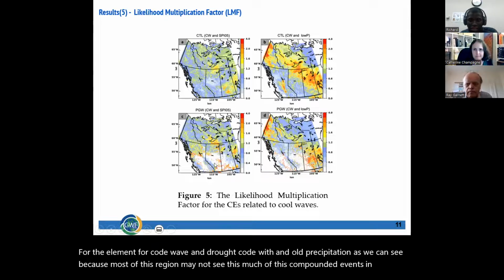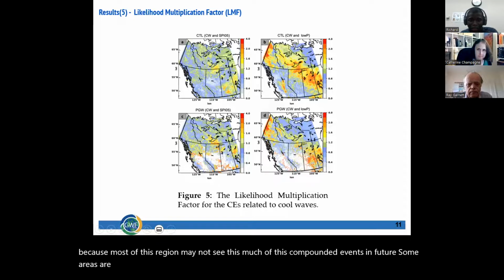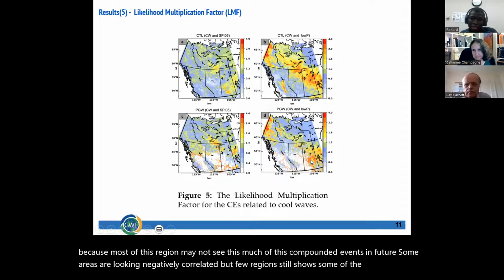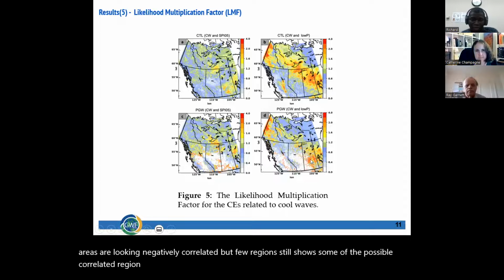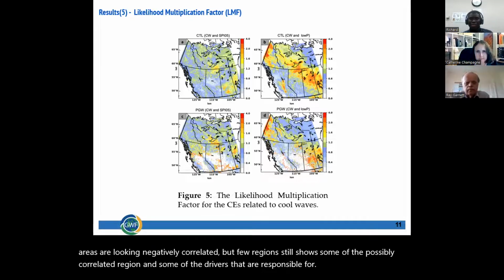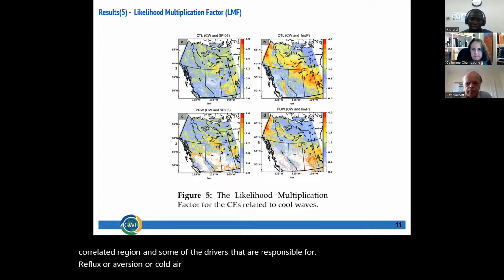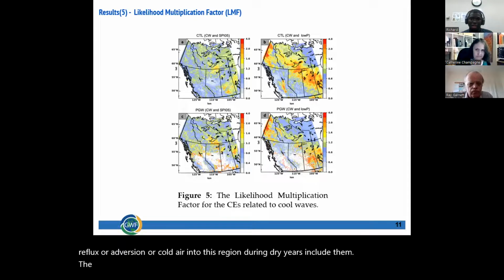Some areas are looking negatively correlated, but a few regions still show some positively correlated regions, and some of the drivers that are responsible for cold air influx or advection of cold air into this region during dry years include the anomalies in geopotential height gradient between the Hudson Bay and the Prairie provinces.